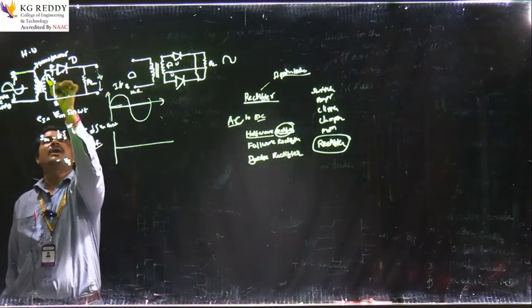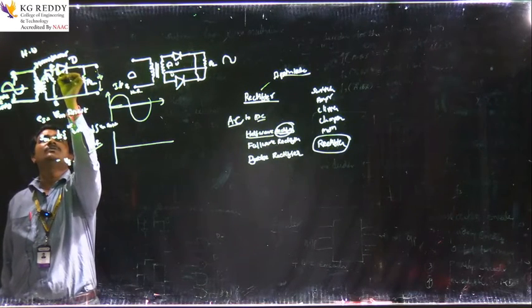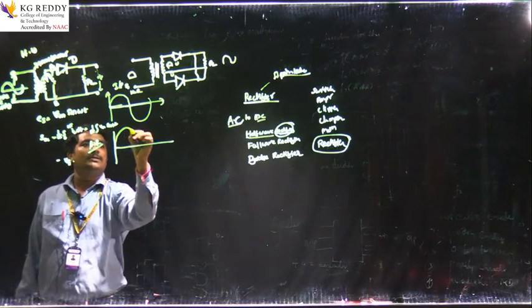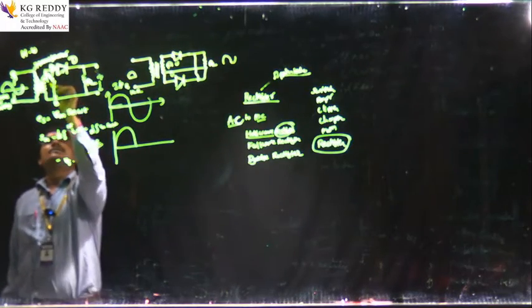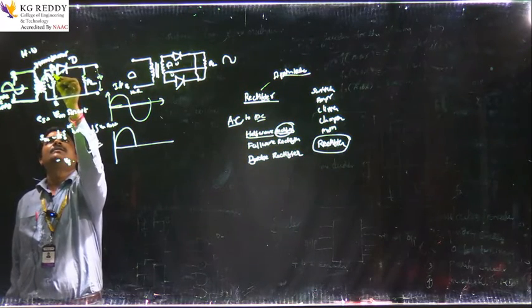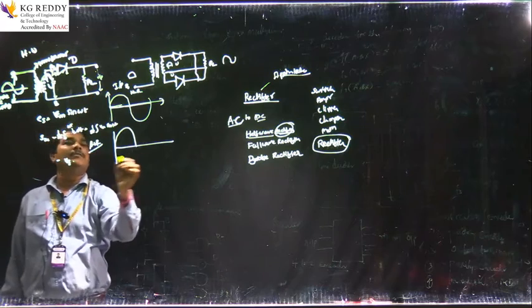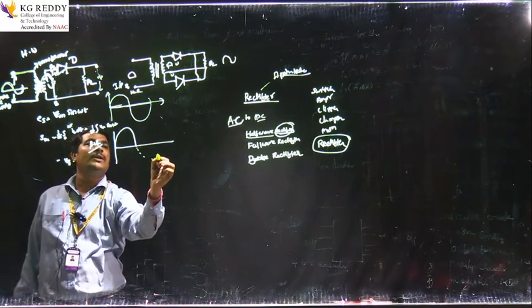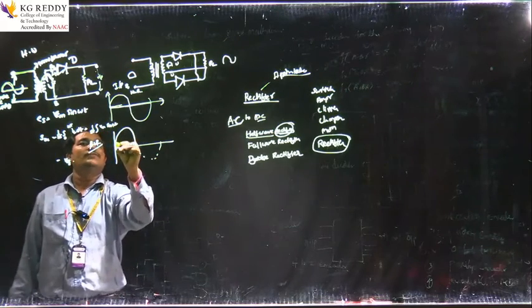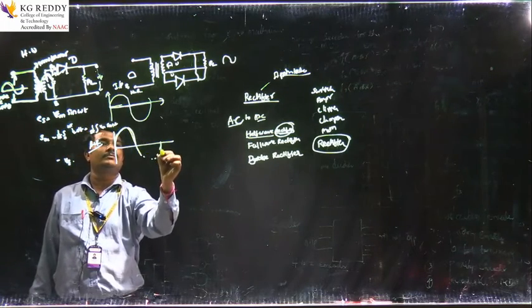When the positive cycle is applied at the diode, it will conduct. When the negative cycle is applied at the positive terminal of the diode, it will be cut off. This is the output of the half wave rectifier.